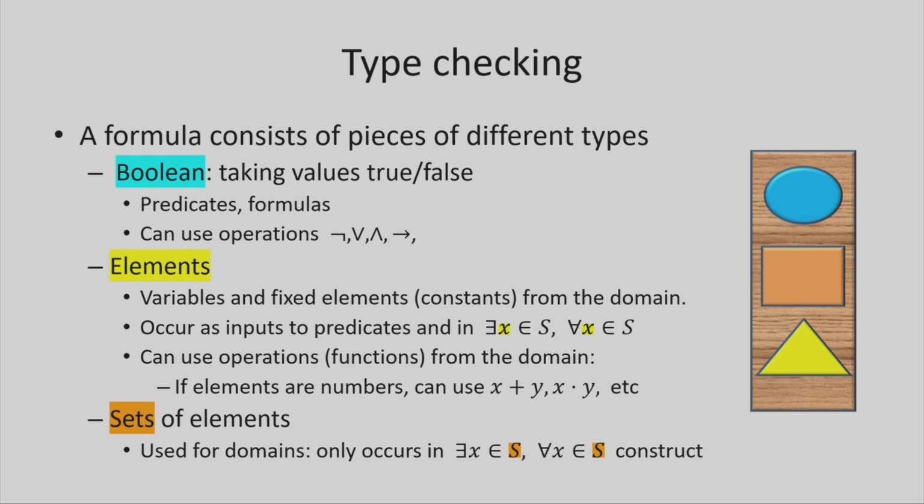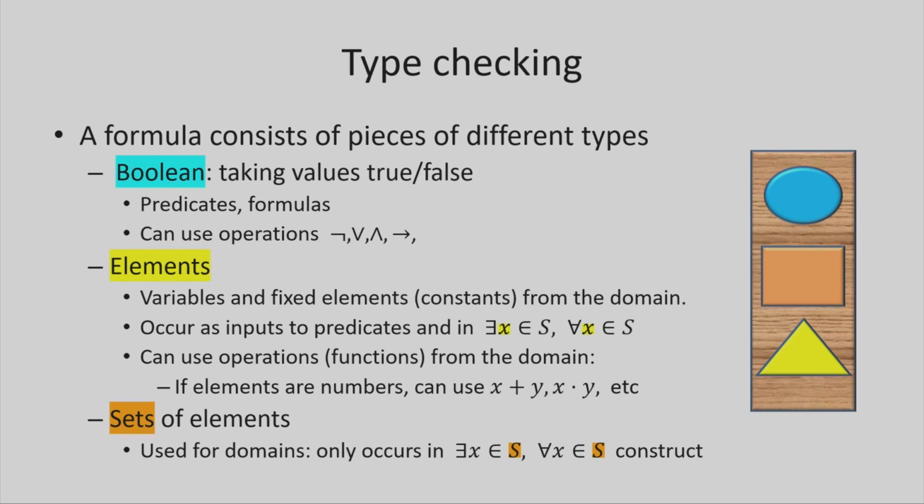Well, the main thing that you would do with them is, again, give them as input to predicates, making sure that you give the correct type of an element corresponding to the domain of a predicate. And also sometimes when they come from some common domain like numbers, you could use as operators functions that will take something from that domain and return something from generally the same domain. So for example, if you have two numbers, then their sum or product is also a number. And so if you have a predicate that takes as an input a number, you could give it a sum of two numbers and you would still have the right type.